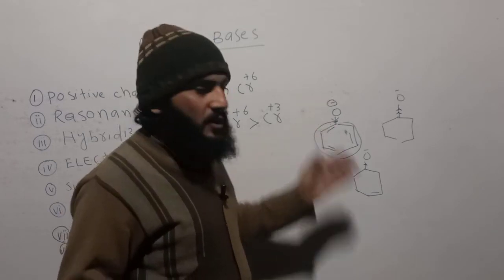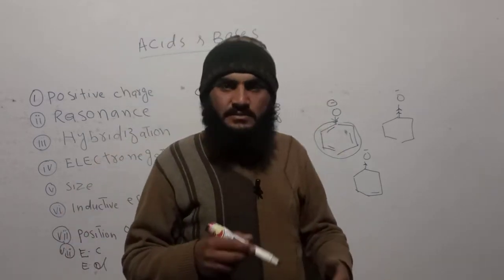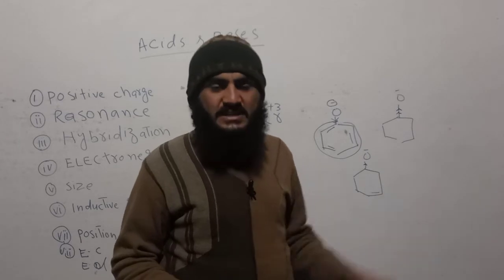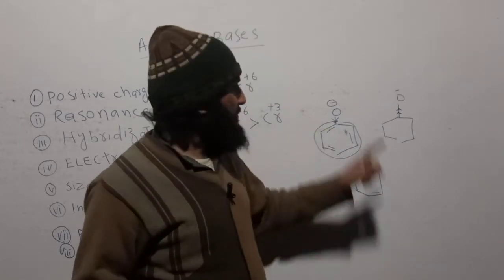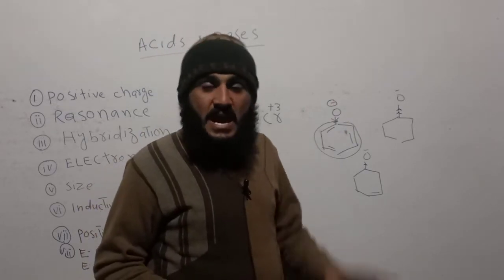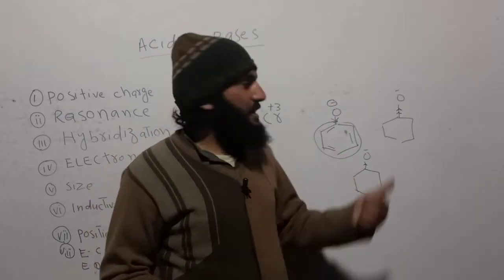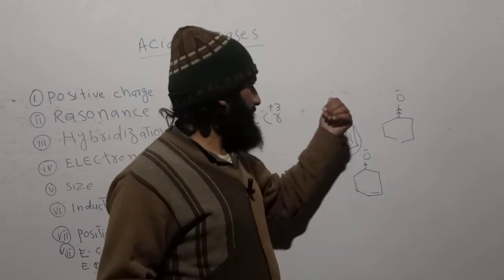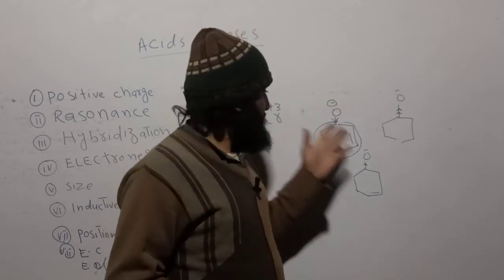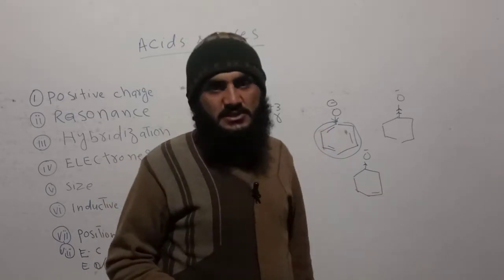If a compound has the most resonance structures, then there will be the least electron density on this negative charge, and the electron will not be localized at this position, so no one can attack this negative charge. It means it cannot donate its electron to others.